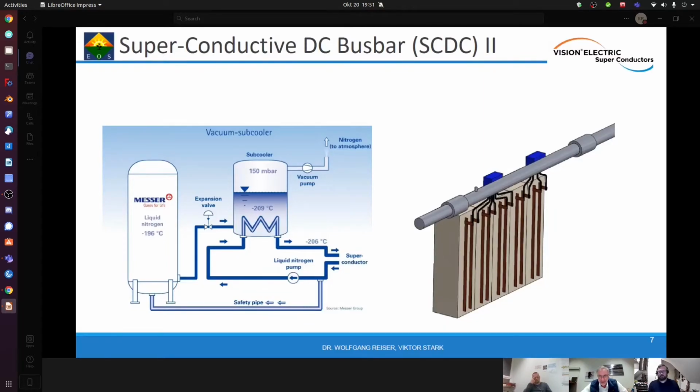That is very easy to do, and very efficient in the process itself. And of course, you need some protection device to be sure that nothing happens if a short circuit on the OCP rack happens, that will not destroy or damage the busbar system. So there's a protection device on it.